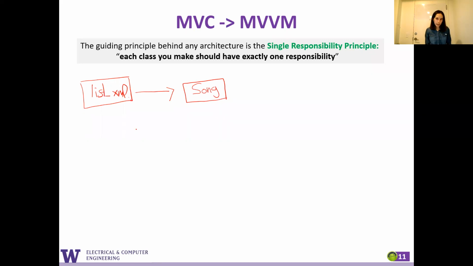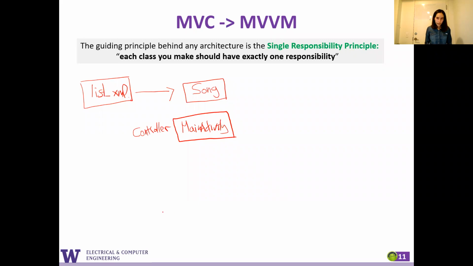And then we also have our controller that, as usual, would be our main activity. However, now this model view controller is broken because we are controlling the XML with the song file and not through the main activity if we are using data binding.